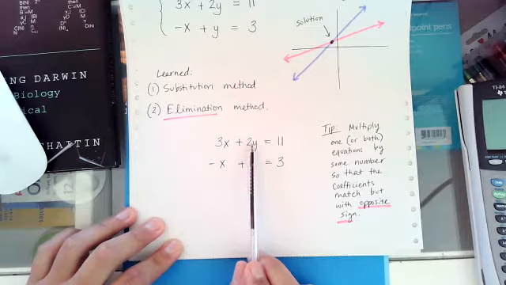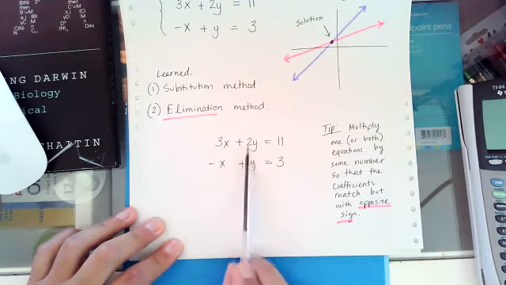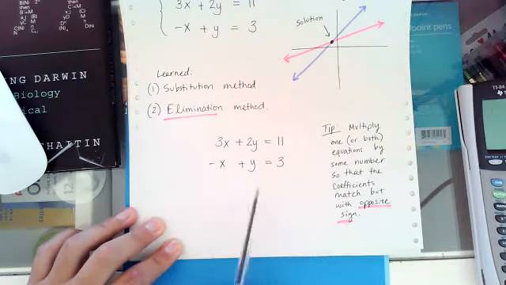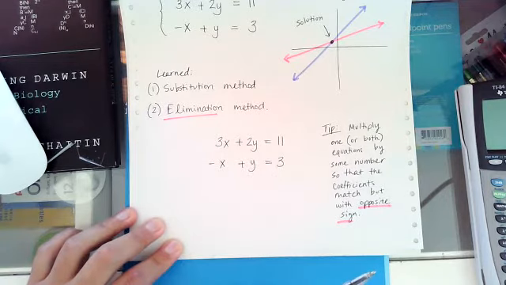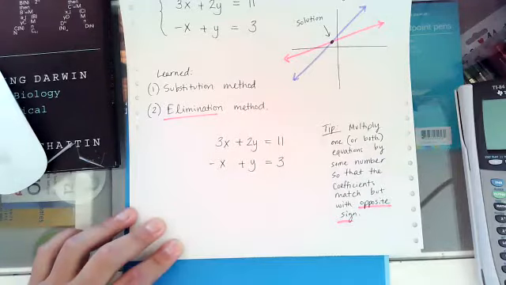And if I wanted to cancel out this 2y, then I would need a negative 2y here, so that I could cancel out the y's. Now that's two different ways of doing it. You can choose to eliminate the x or choose to eliminate the y, but you're only going to choose one of those ways. Either path you take, you will get to the same endpoint. You'll find the exact same solution.